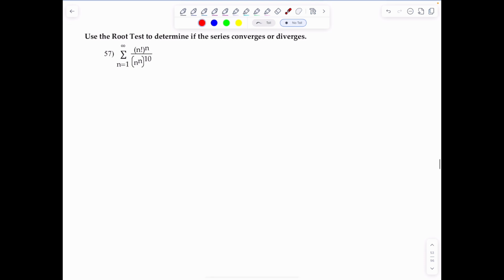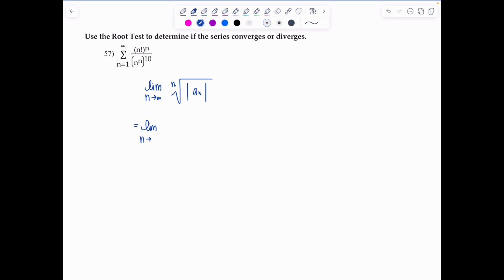Now we're going to use the root test to determine if the series converges or diverges. So root test is very similar to the ratio test. It's just instead you take the limit as n goes to infinity of the nth root of the absolute value of a sub n, hence its name.